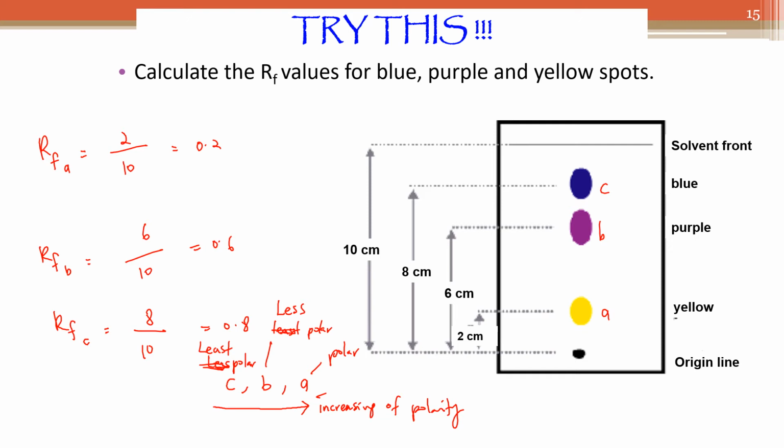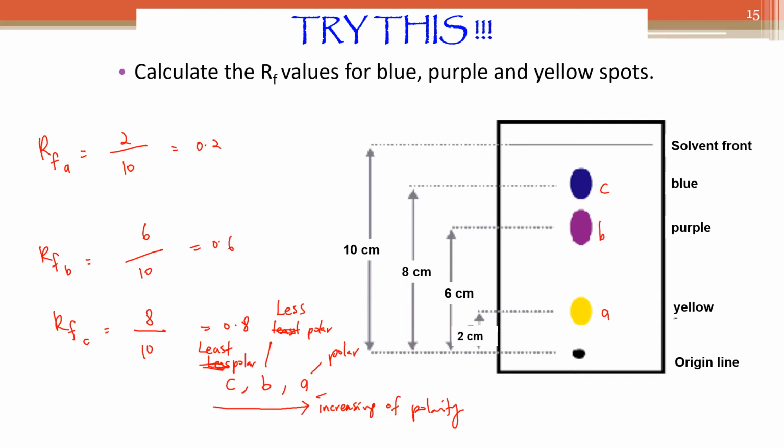So if you look here, since this is paper chromatography, the stationary phase is polar, meanwhile your mobile phase is non-polar or less polar. So when it is less polar, it means here A is the polar component, because it travels the least. Meanwhile B is the less polar, and C is the least polar.